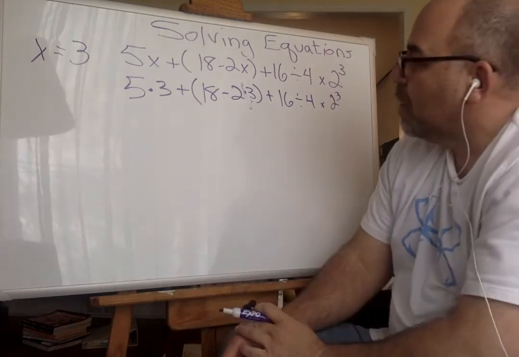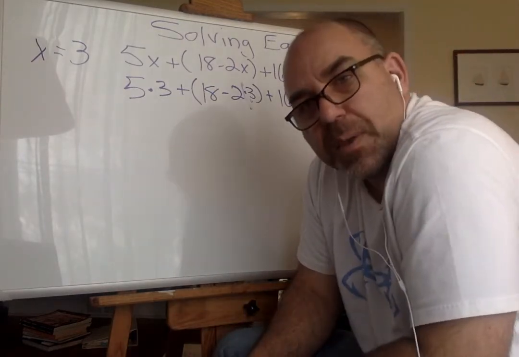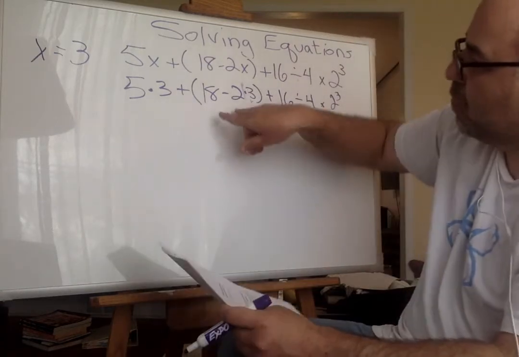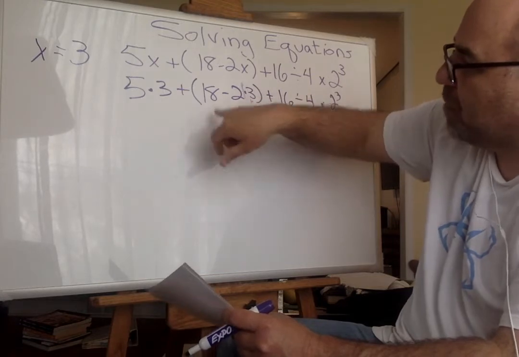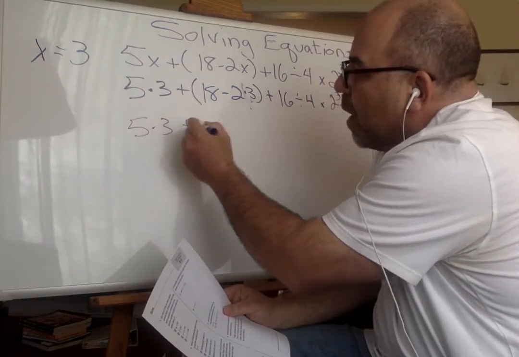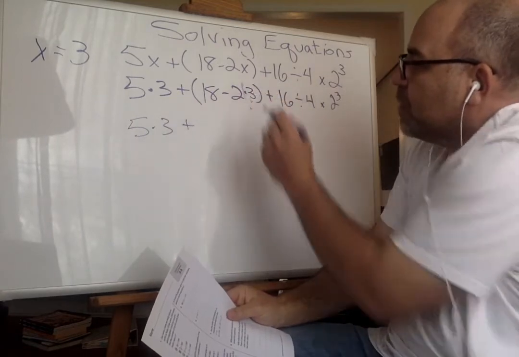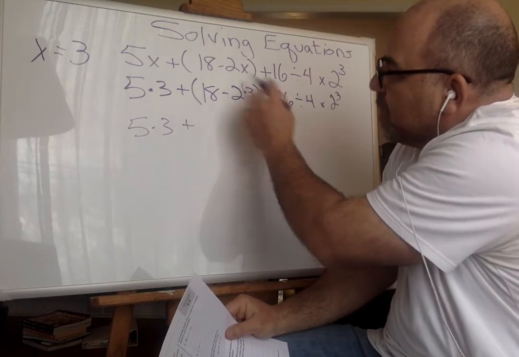Okay? So now let's do our order of operations. Order of operations is PEMDAS, P, parentheses. So first thing we're going to do is inside the parentheses. Inside the parentheses, I have multiplication and I have subtraction. So the first thing I'm going to do is what's in the parentheses, which is 2 times 3. That's my first operation inside of the parentheses.